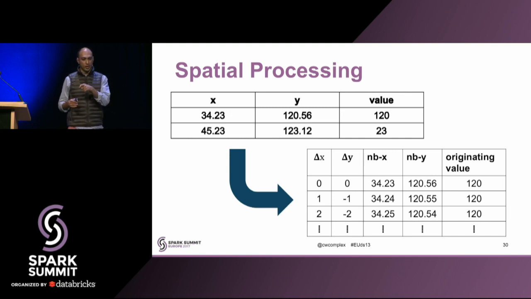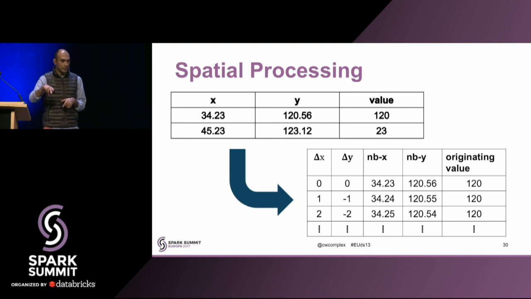You take the first row, and we map to a type that has the offsets, the neighbor, and the original value. The value being mapped from in the heat map, 120 in this case, is repeated. The neighbor values are all of the non-null parts of the transformed image, and these offsets and the original value allow us to do the kernel application.